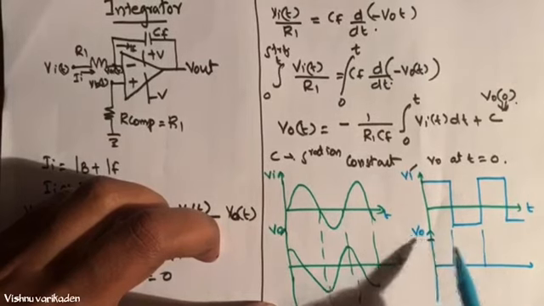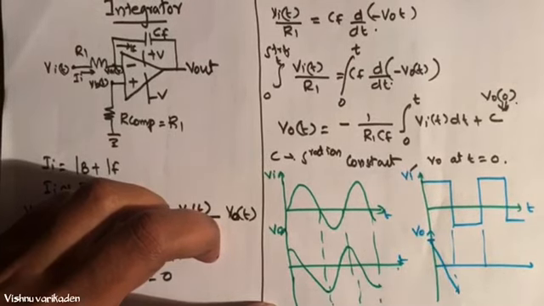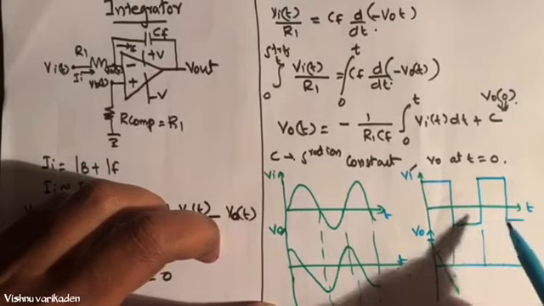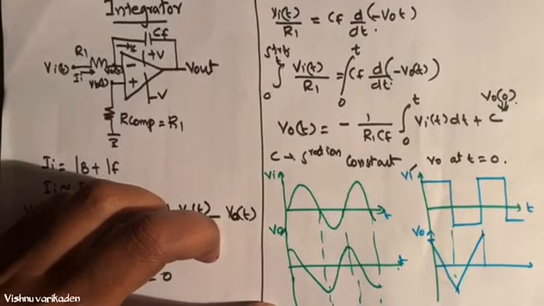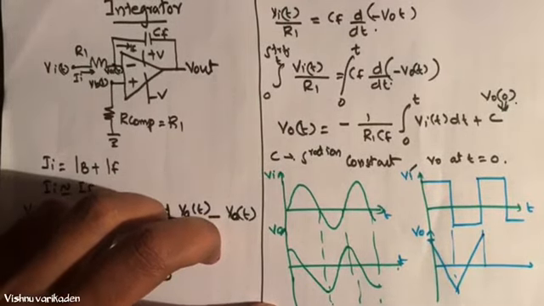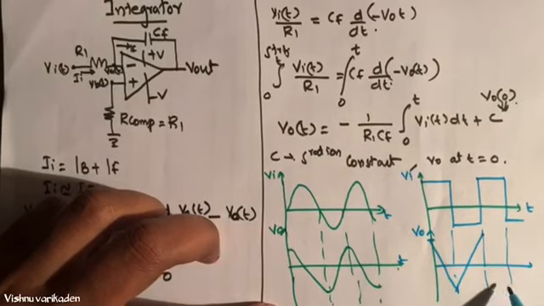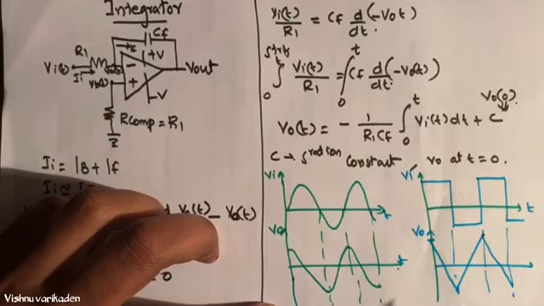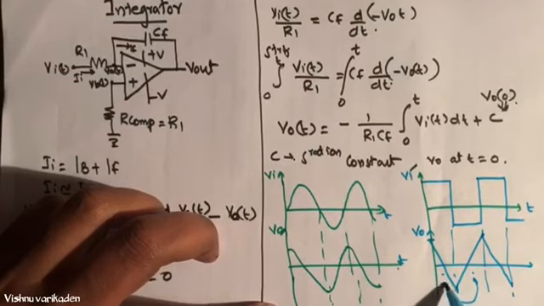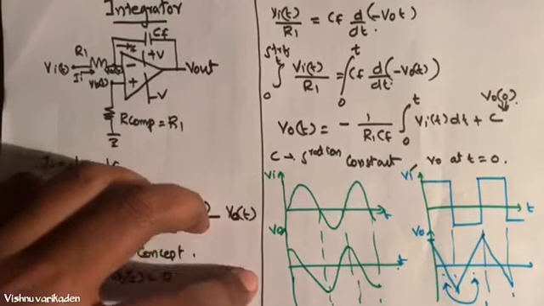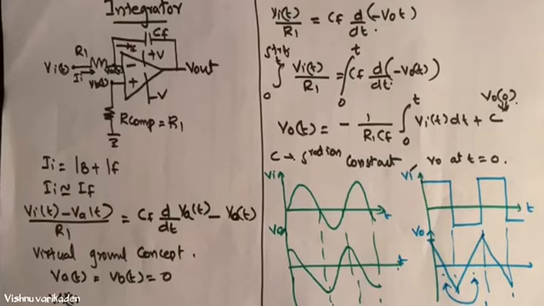Starting from the same point it moves in this direction, so the slope is constant. This is simply what the integrator is.